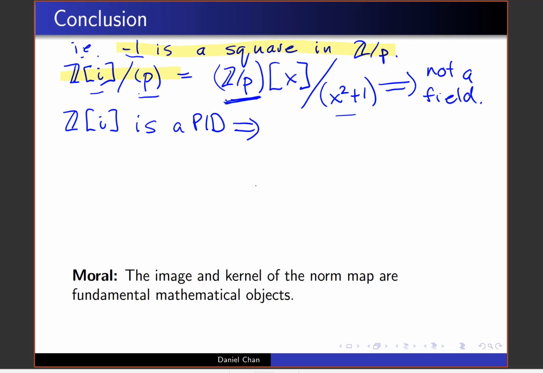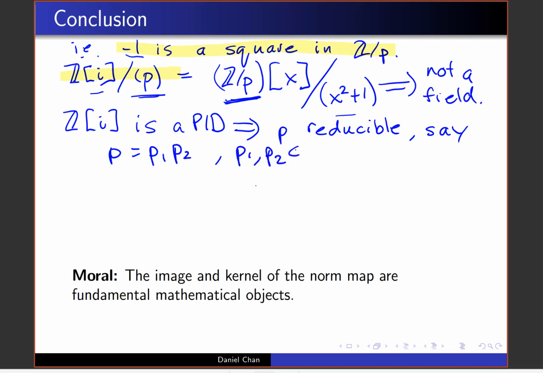If P, when you quotient out, is not a field, then P is not maximal, so P is reducible. Say P equals P1 times P2, where P1 and P2 are Gaussian integers, not units. Okay, you can have a proper factorization of P inside Z[i].